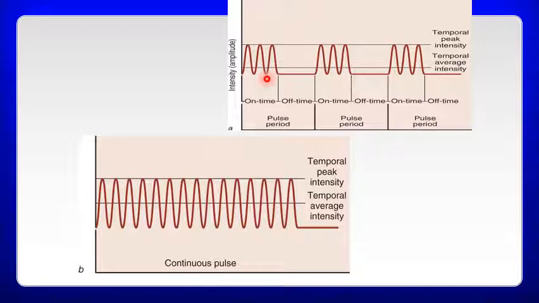The other 50% it will be off. You will use that type of ultrasound if you're not looking to get a thermal increase. Clinical application wise, we'll talk about why you might want to do that. If you're looking to get a thermal increase, you're going to use continuous because that's where you're going to get your significant energy increase in a much more efficient manner.